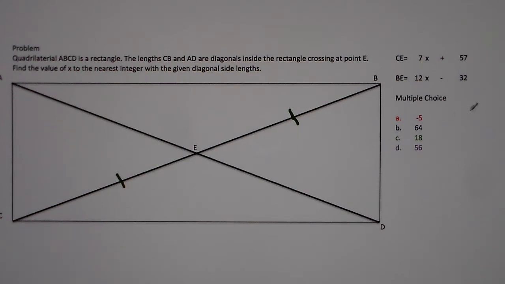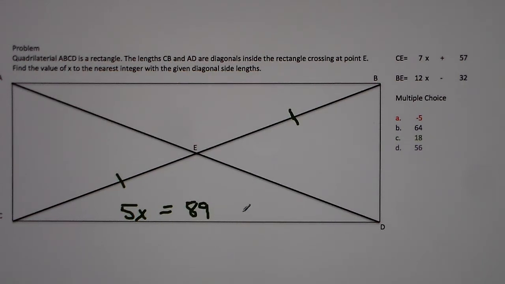Since we know they're equal to each other, we set them equal to each other and do inverse operations. So 12x minus 7x gets us 5x. And then negative 32, we add 32 to both sides, so 57 plus 32 gets us 89. So 5x equals 89.